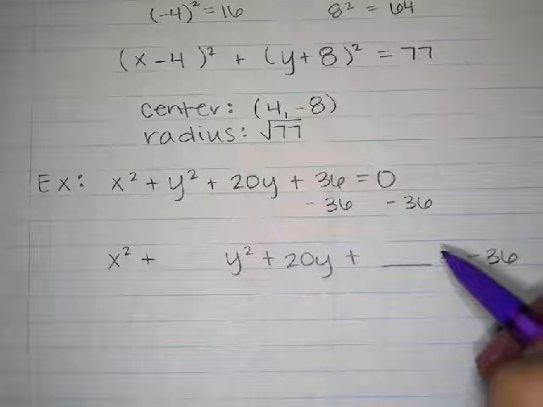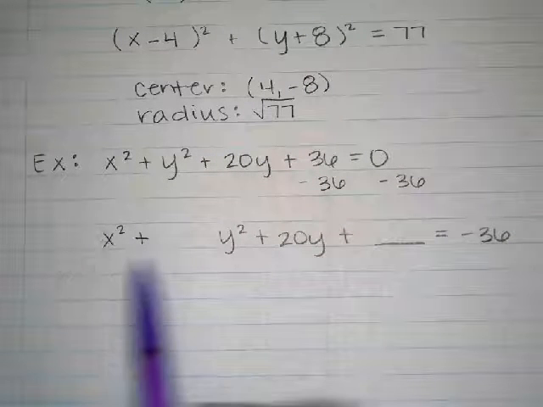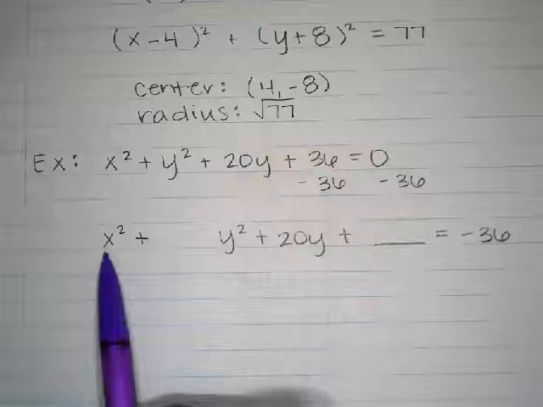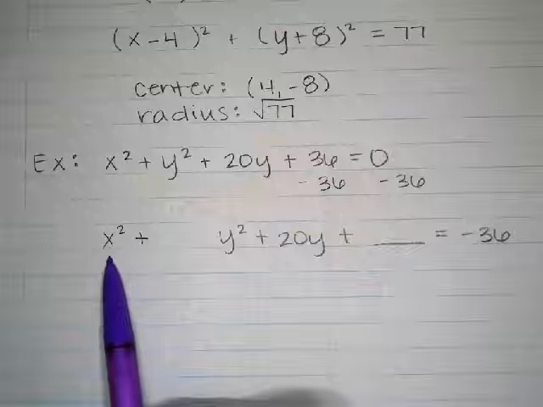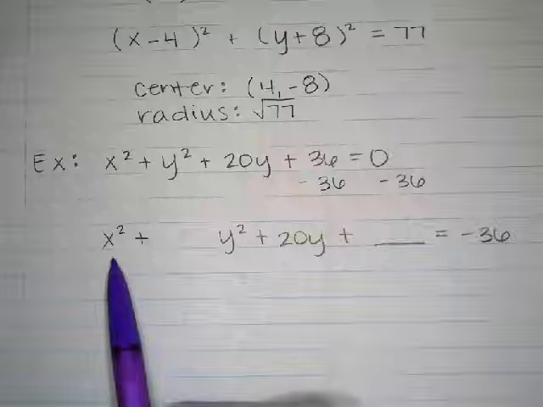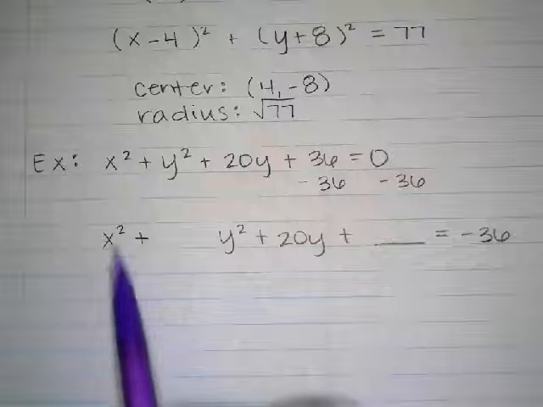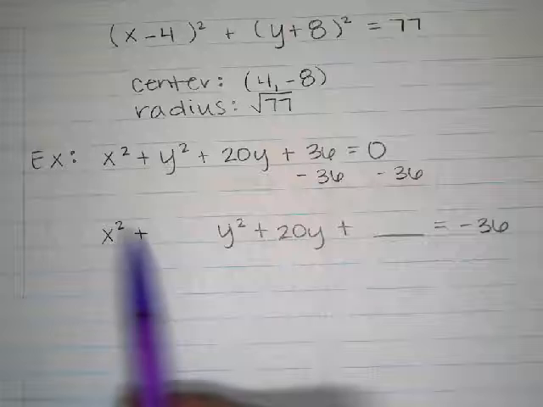So if this is what it looks like, is there any completing of the square that's going to be happening over here? No. Which means that coordinate is going to be 0 for the center. It's not contributing anything, and so it's just 0. Yeah, so we're just going to leave it. Okay.